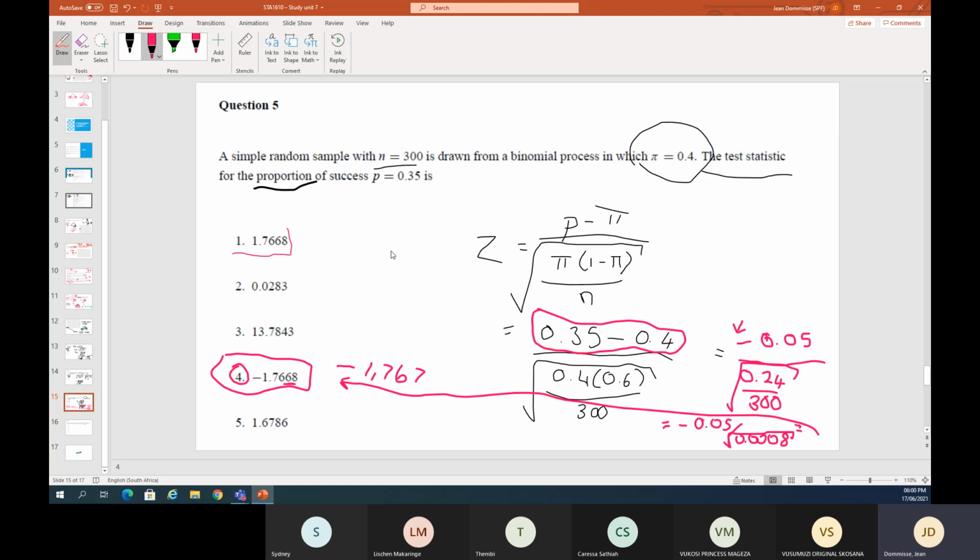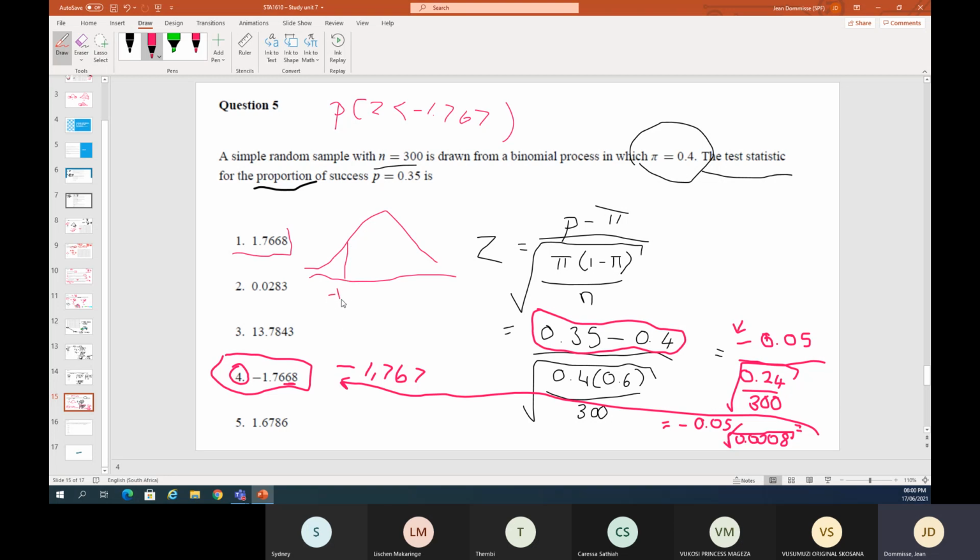Basically, you use the same principle as you would have done with the mean. Let's take it a step further. If I ask you to work out the probability that Z is smaller than that number, where's the Z?